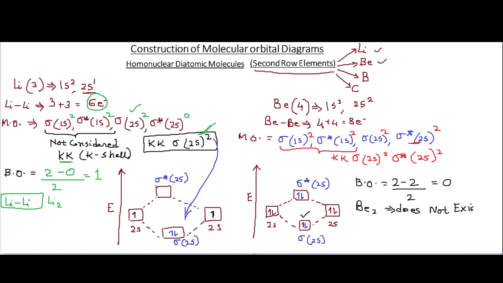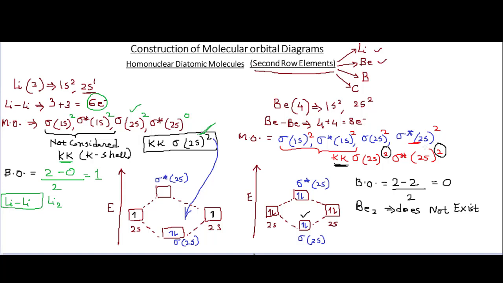Just one point to note from here onwards: these KK electrons are not counted while calculating the bond order. So we counted 2 electrons in the bonding molecular orbital sigma 2s and 2 electrons in the anti-bonding molecular orbital sigma star 2s.